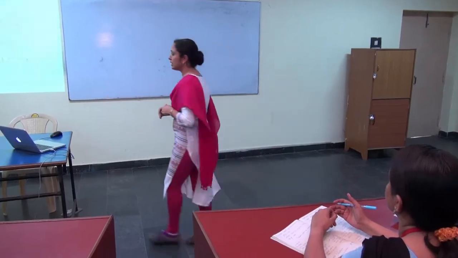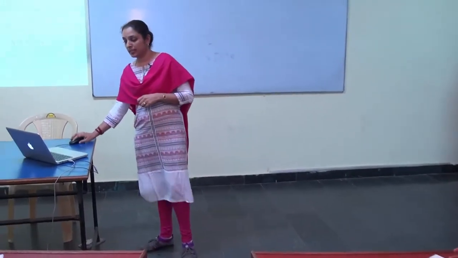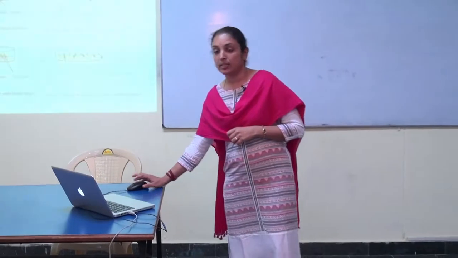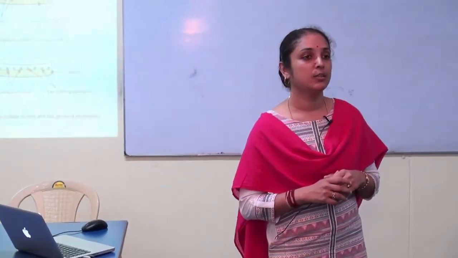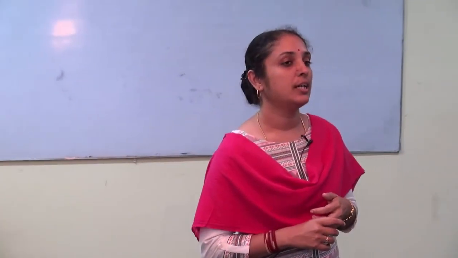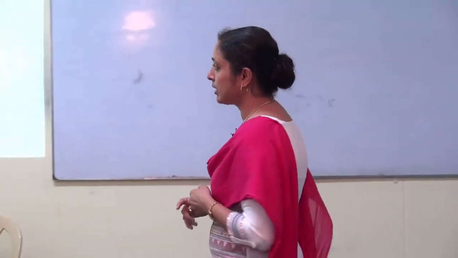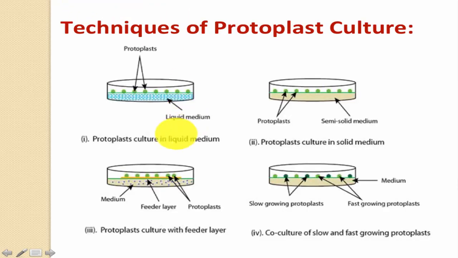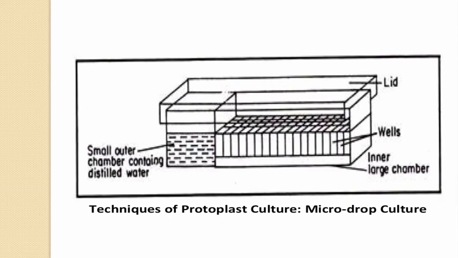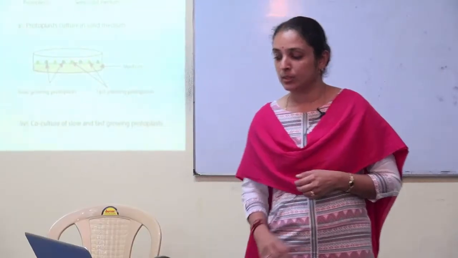There are many techniques under protoplast culture, and we are going to study a few main ones here: liquid media and solid media, the feeder layer technique, co-culture, and lastly microdrop culture. Let us go through them one after the other.